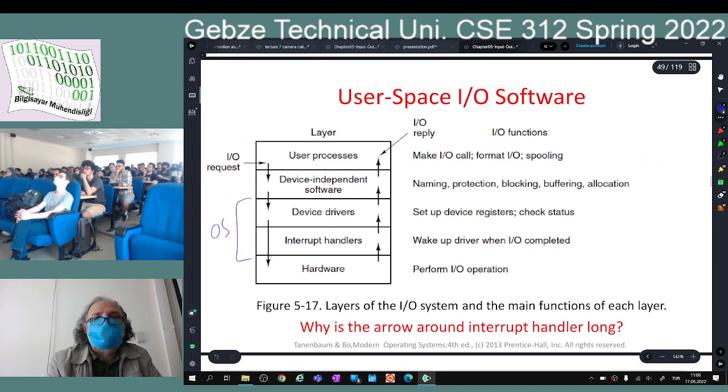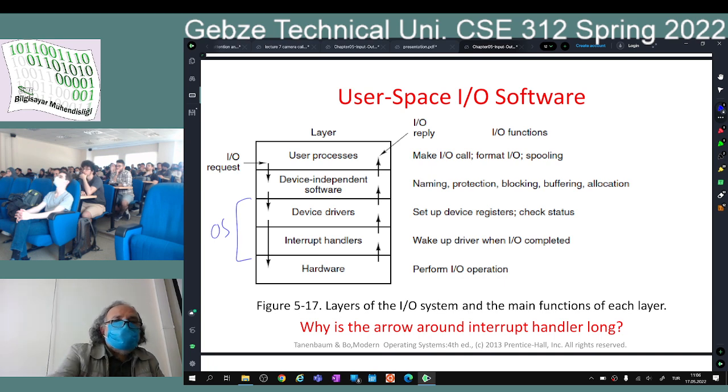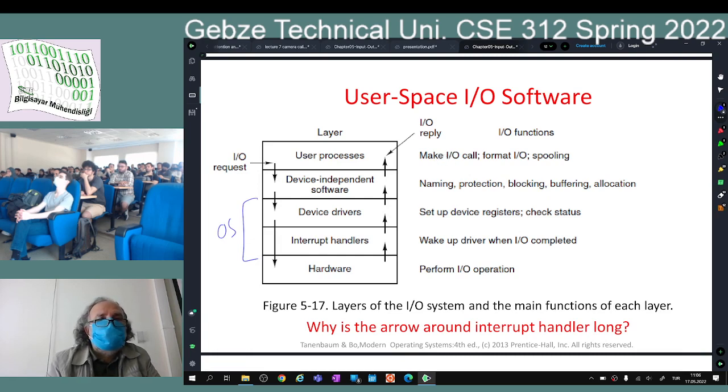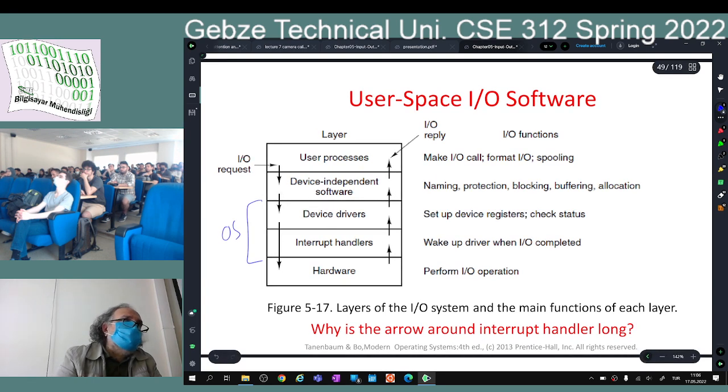Okay, this is what happens when we do the I/O related software stuff. User process asks something, makes an I/O call, format I/O, spooling, and etc. Device independent software is used for naming your files, protection, blocking, etc. Device drivers, of course, know their controllers.